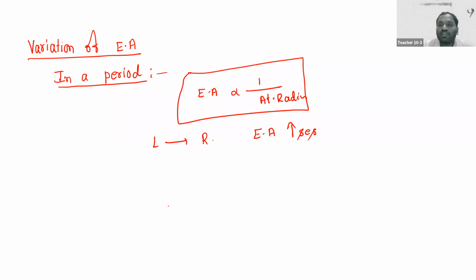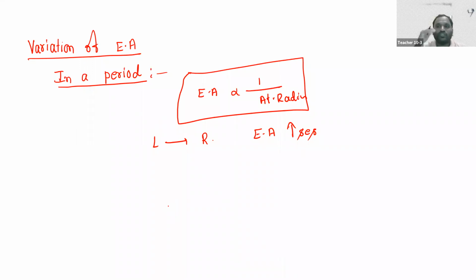But noble gases have electron affinity 0. The electron affinity of noble gases is approximately equal to 0, because they already have a stable electronic configuration.